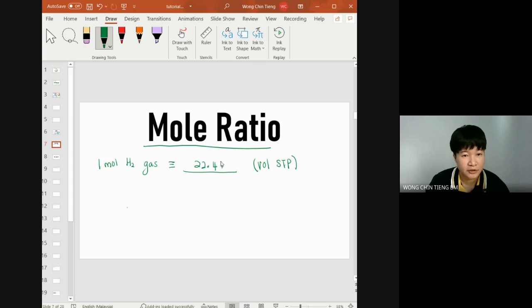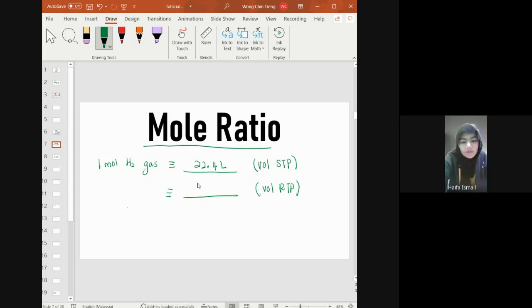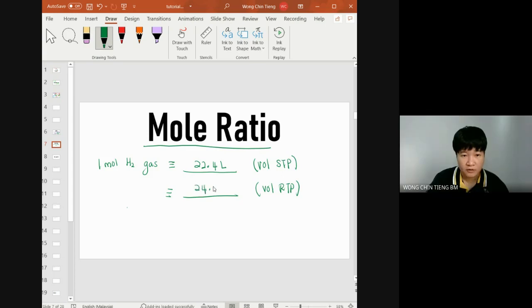Liter. Thank you. Kalau 1 mole of hydrogen gas, tetapi saya nak dalam volume at RTP? 24 liter.